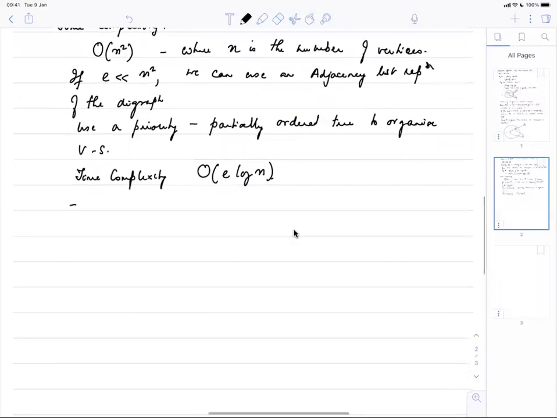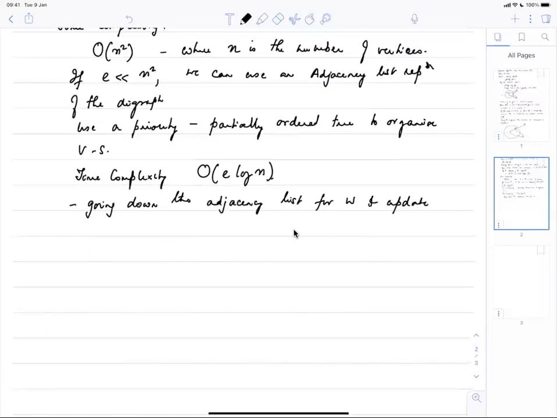Basically, the idea is to go down the adjacency list for W and update distances in a priority queue.